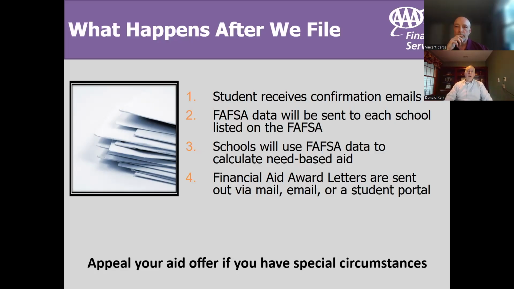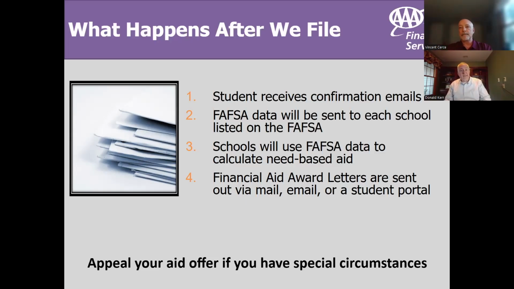A couple of things before we go to the next slide, based on your financial aid offer that not a lot of families are aware of they can do. You can appeal your financial aid offer from a school. So we talked about earlier, you're using tax returns from your prior year return. That's 2 years ago. Well, maybe something unfortunate's happened. You know, maybe a parent has lost their job and income has gone down.